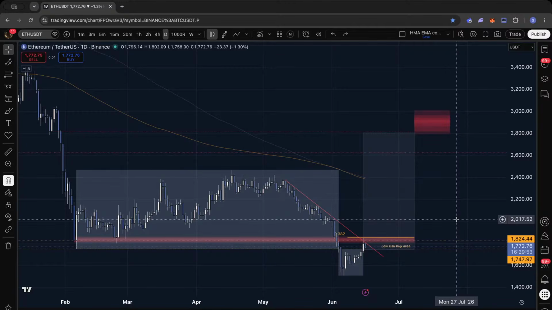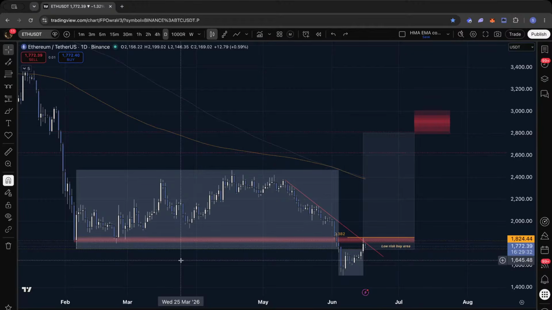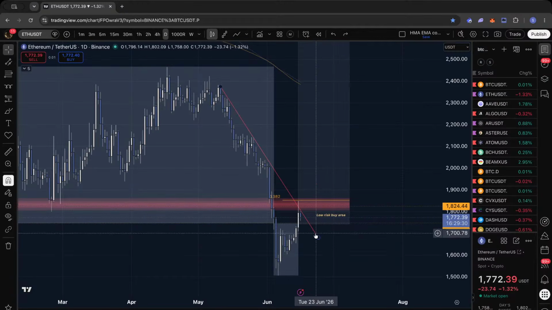So I'm not yet in this scenario. I have from the previous scenario with the weekly time frame confirmation, I bought some at 1.6. But in this case, I don't have anything else. So this one is pending and it has to prove itself.